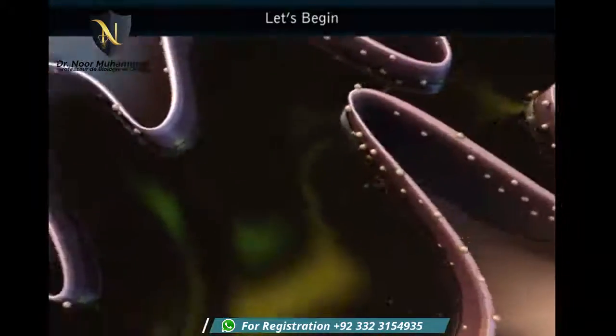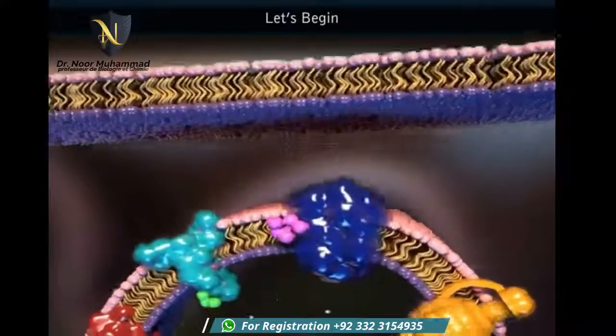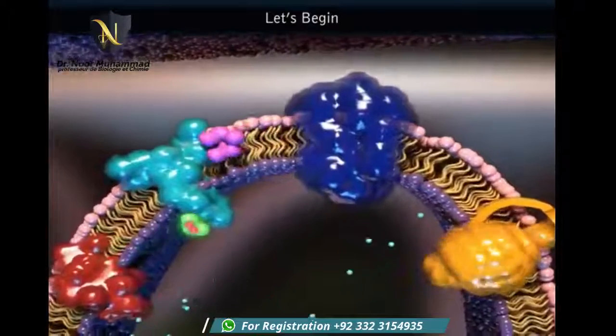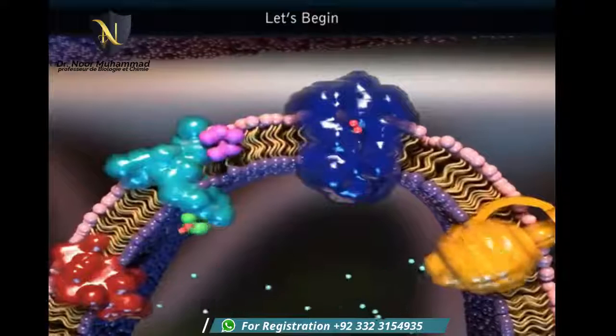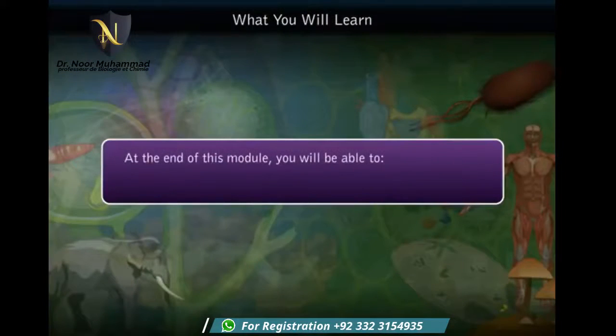As the name suggests, the main function of a mitochondrion is to generate energy in the form of ATP for the cell's various activities. Come, let's learn about the structure of a eukaryotic mitochondrion in this module. At the end of this module, you will be able to describe the structure of a mitochondrion.